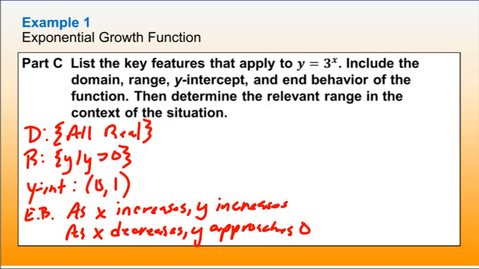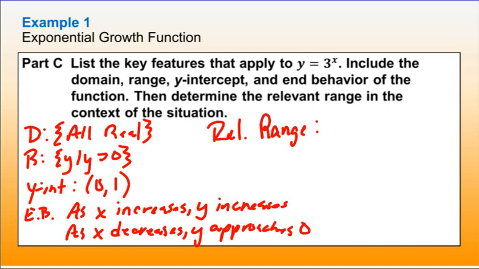So the relevant range for this one would be, you're going to be raising everything to the third power, so 3 to the 1st power is 3, and everything would be powers of 3.